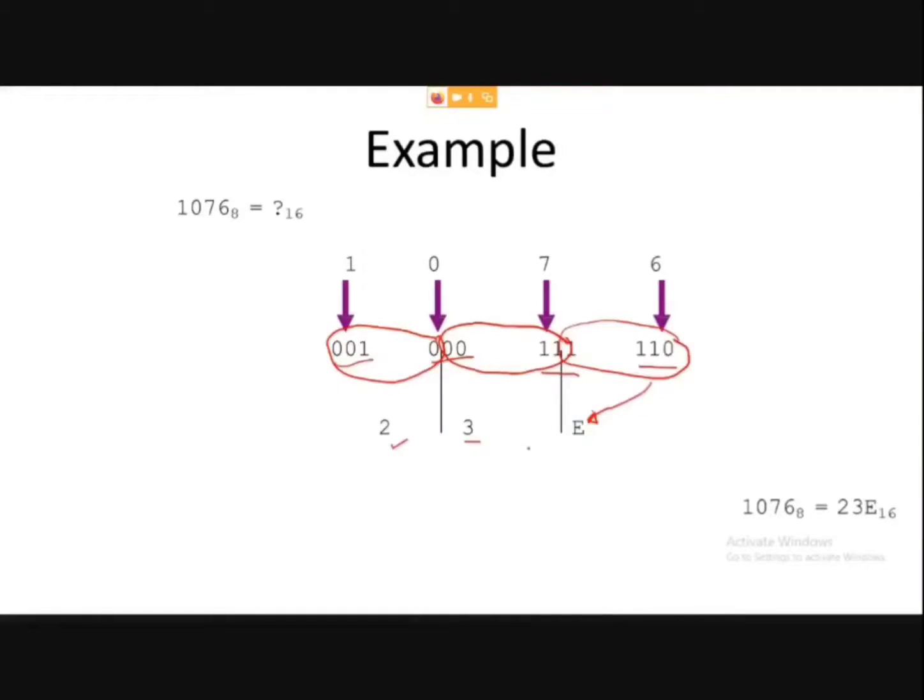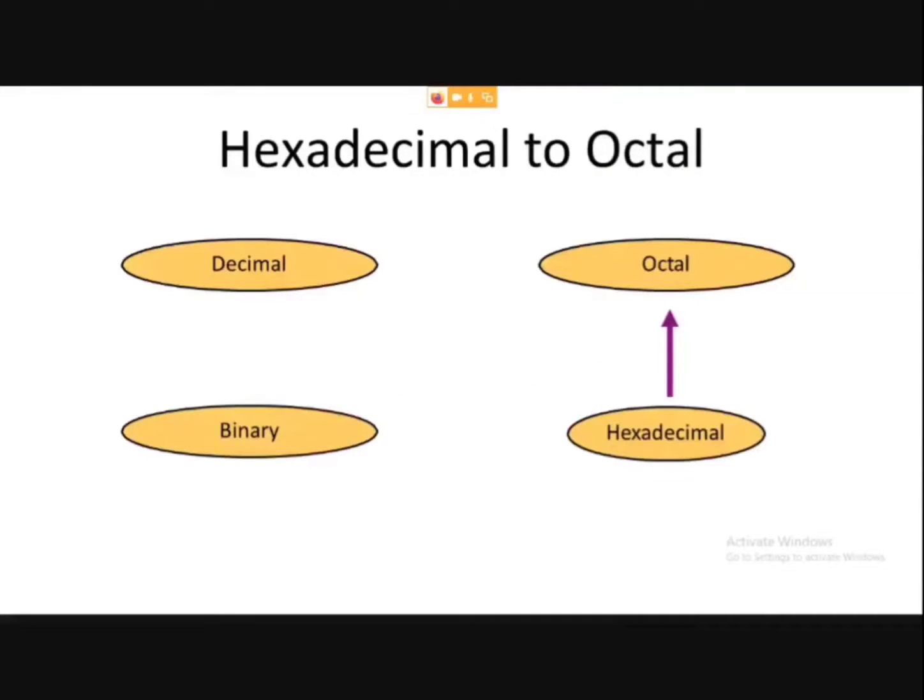So 23E becomes the hexadecimal equivalent of this octal number. Okay, so that is octal to hexadecimal.